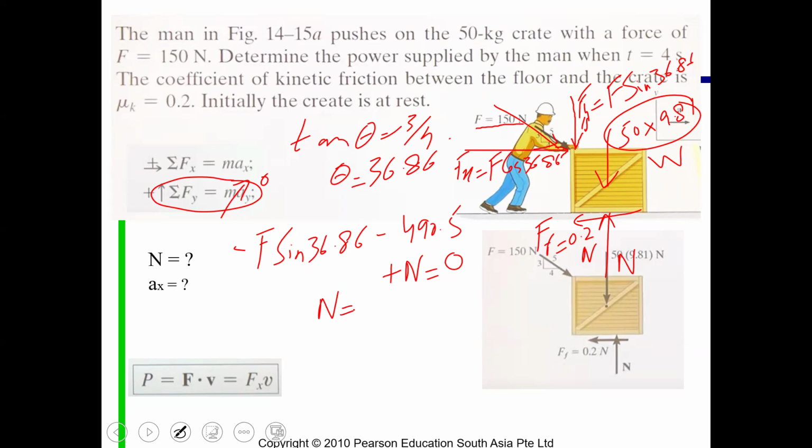Now can you calculate, students, what is the value of N from here? The force F that you need here is provided, 150. Please tell me the value of N in this case.